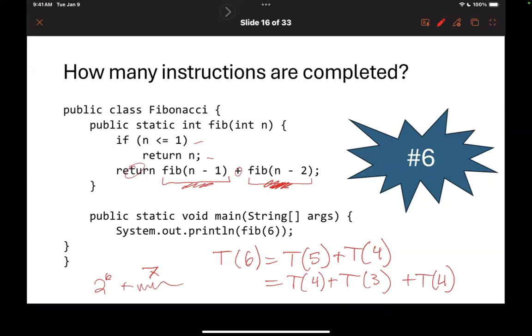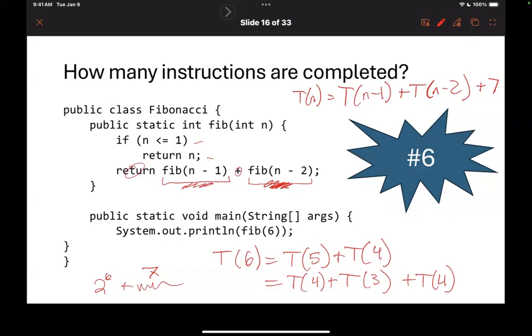And so the hand wavy explanation for this is at each step, we call 2 things. At each step, t of n, we call t of n minus 1 plus t of n minus 2 plus, I don't know, maybe 7, right? And so at each step, we make this call twice.